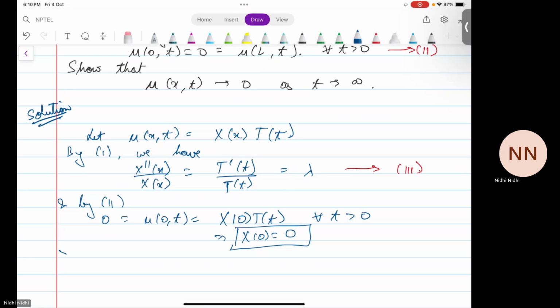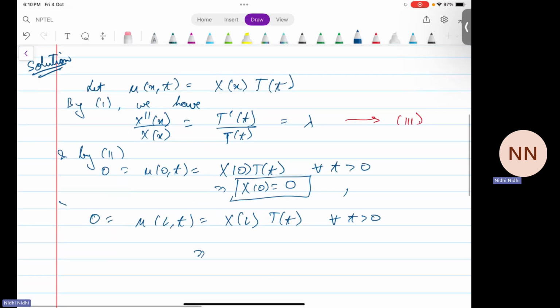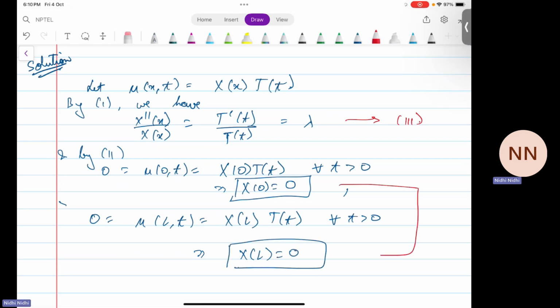Similarly, we have 0 is equal to u(L,t), which is X(L)T(t) for every t positive, and this will imply that X(L) is 0. Let's mark this as number 4.